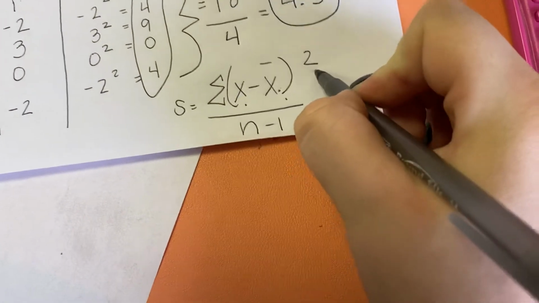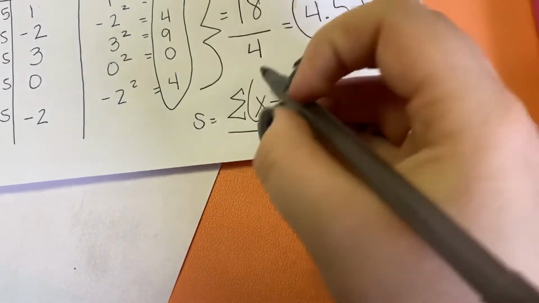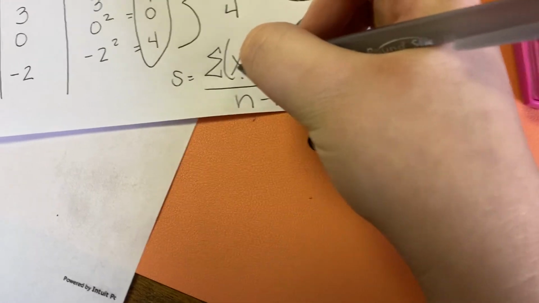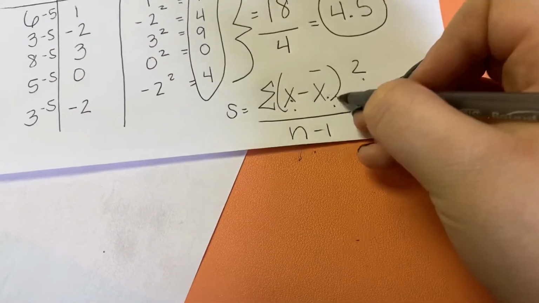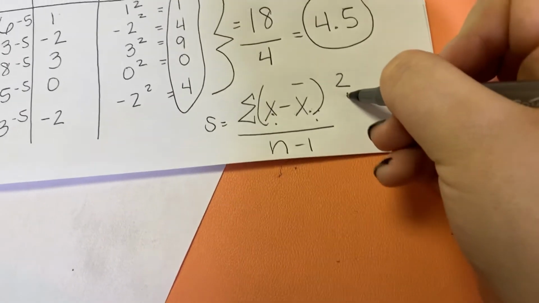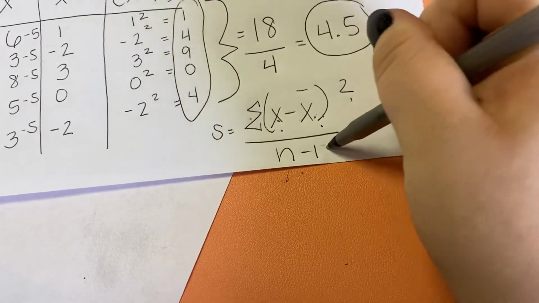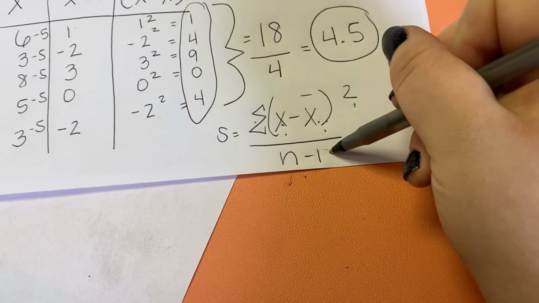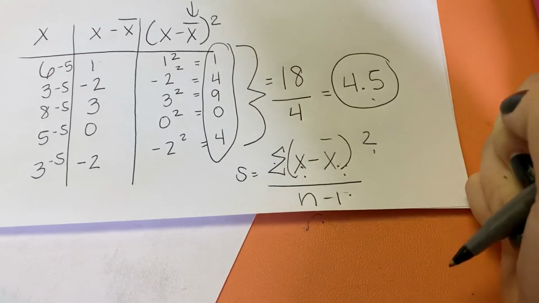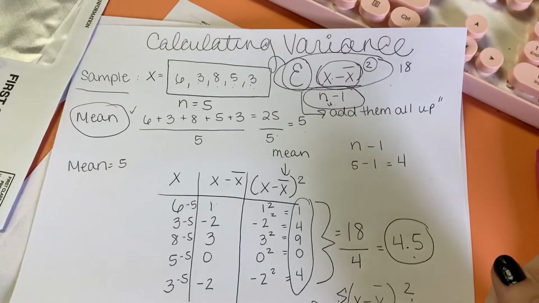We squared each one of the provided x values minus the mean. So for this one, we did 6 minus 5 equals 1, which then we did 1 squared. Once we got all of those squared values, we added them all together, and then we divided by the number of x values in our sample minus 1. And we ended up with 4.5. So I hope that this is helpful for learning how to calculate variance.